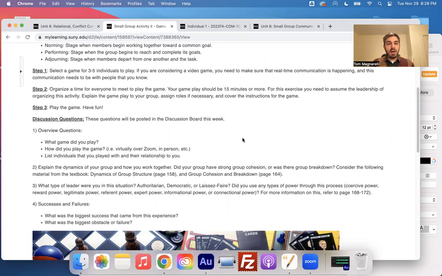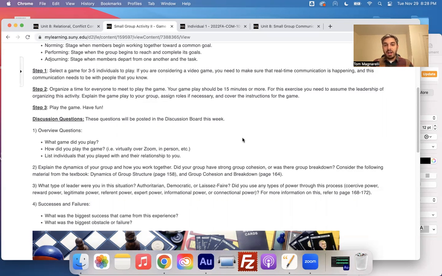Explain the dynamics of your group and how you work together. Did your group have strong group cohesion, or was there a group breakdown? Consider the following material from your textbook: Dynamics of Group Structure on page 158, and Group Cohesion and Breakdown on page 164. Number 3, what type of leader were you in this situation?